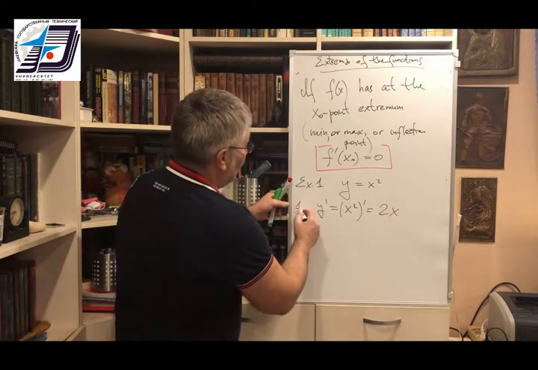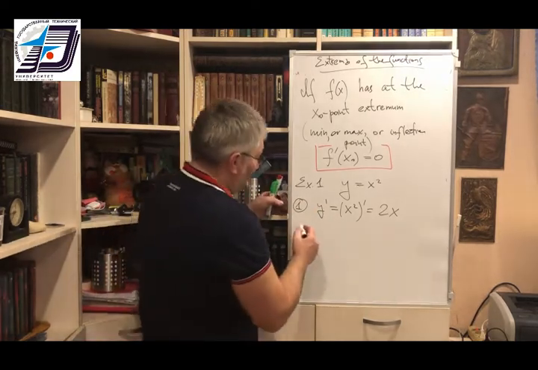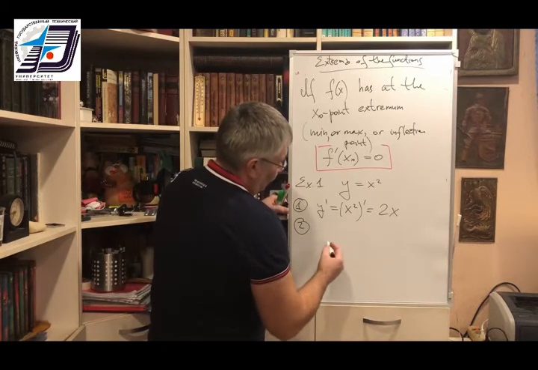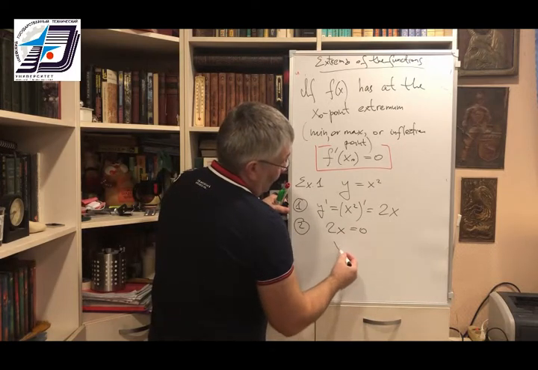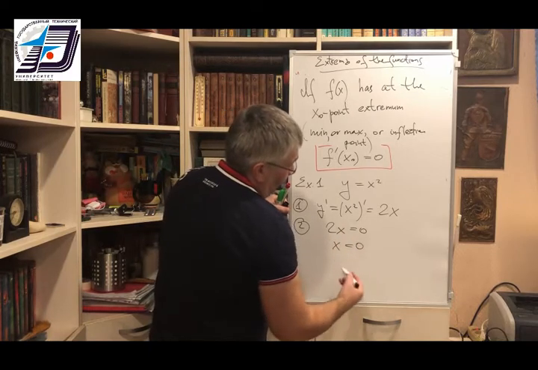This is the first step here. And the second step is this one. We have to define x when 2x equals 0. And x equals 0. I can cancel 2 here.